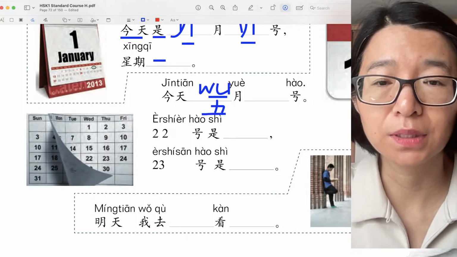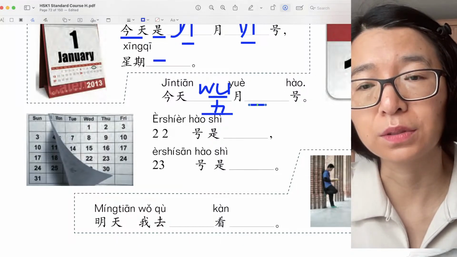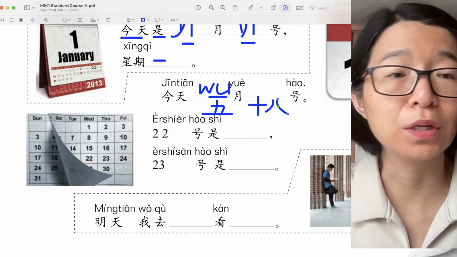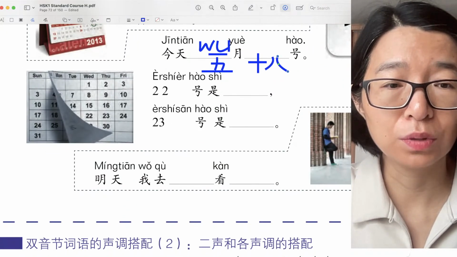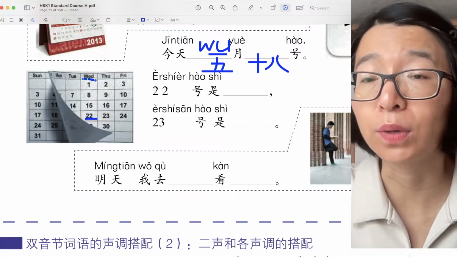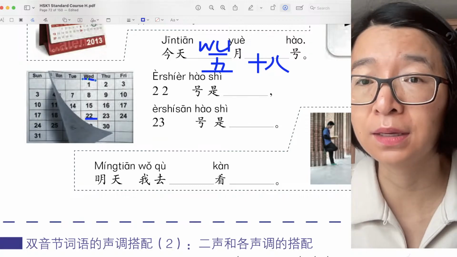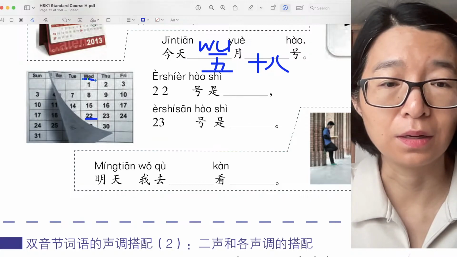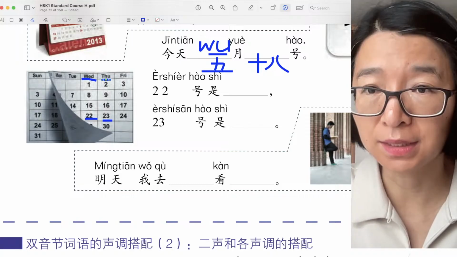Now let's say 22 is here. We can easily find the day, which is Wednesday. So 22号是星期三, and 23号是星期四.